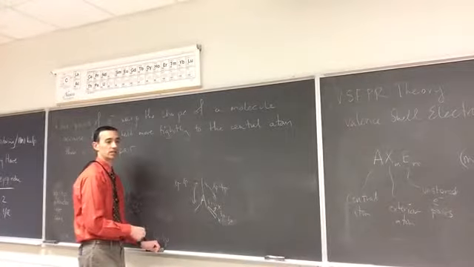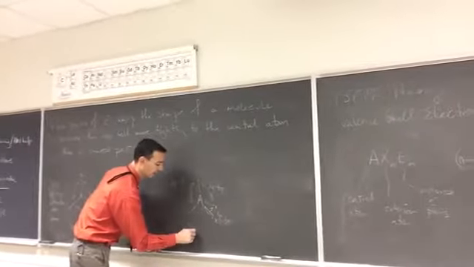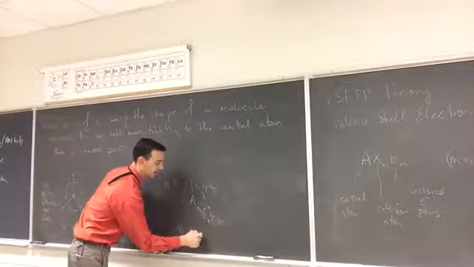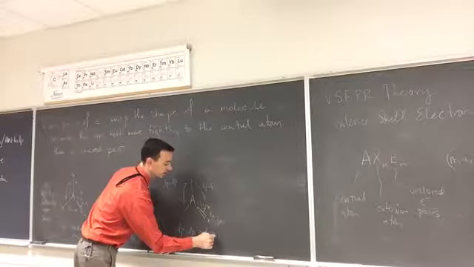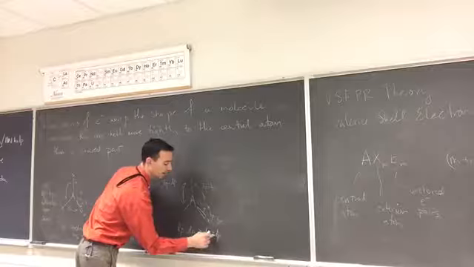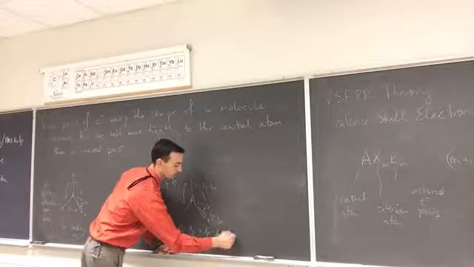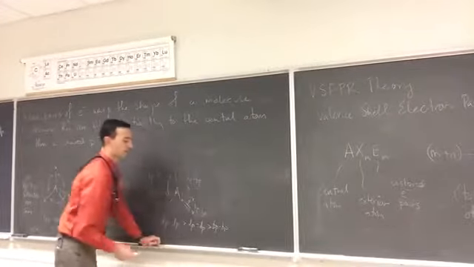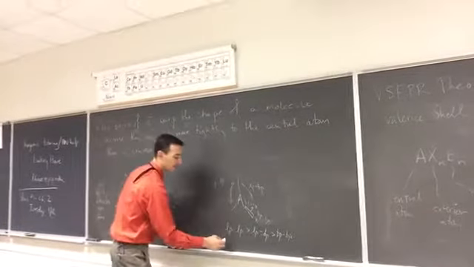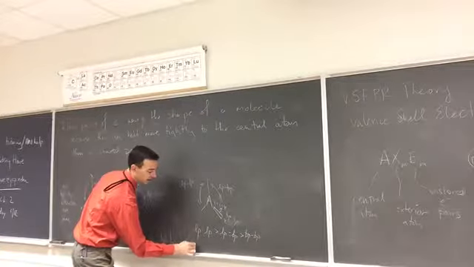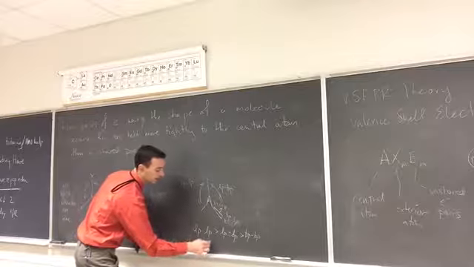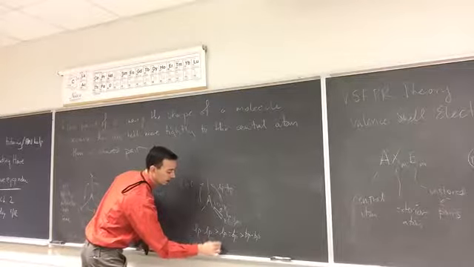Okay, these two are adjacent. The LP-LP interaction is the strongest. It's stronger than LP-BP, which is stronger than the BP-BP. So what that means is that the lone pairs want to be furthest apart.